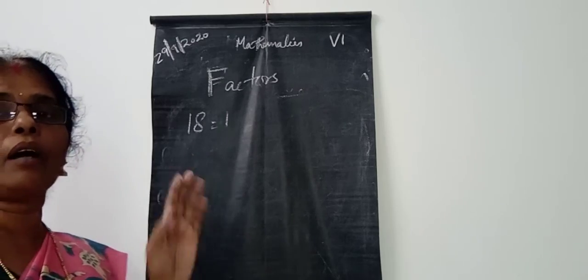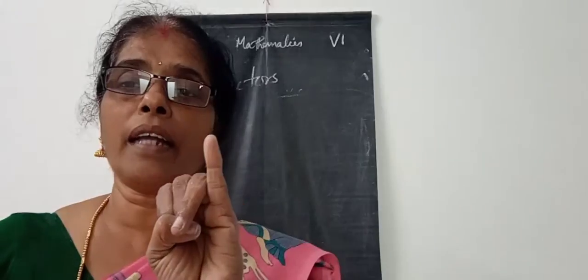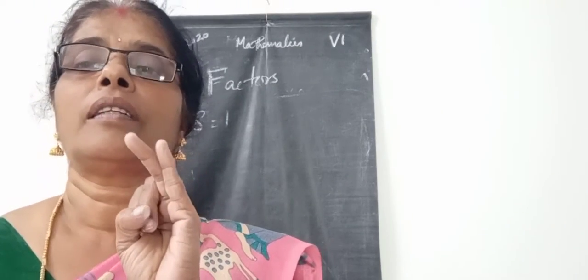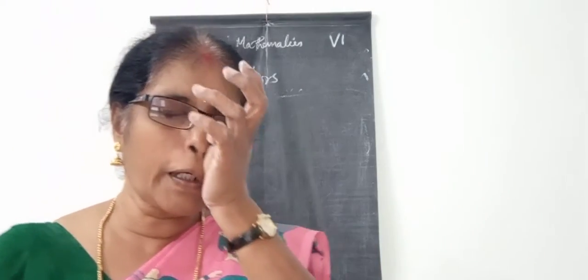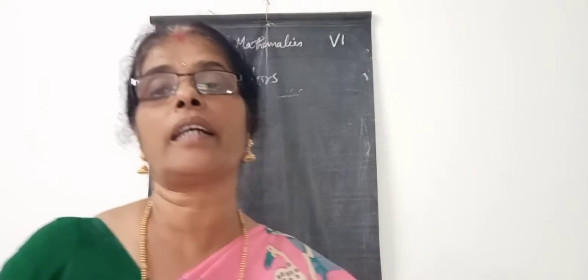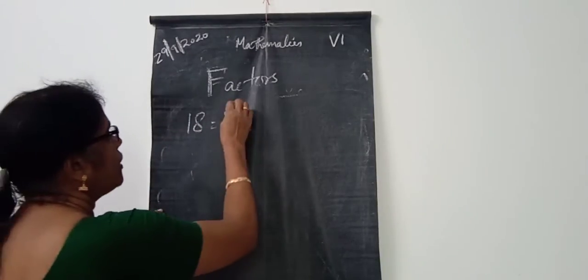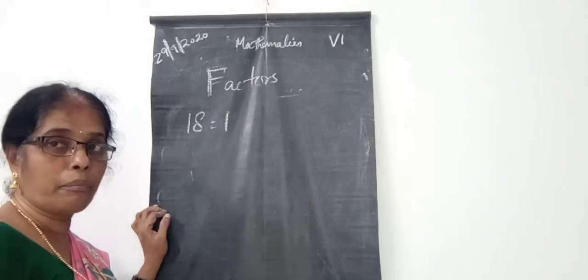Every number has two factors, that is 1 and that number itself. You already learned this in detail, you have studied it in higher classes. Okay, that is prime numbers. 1 and 18 are already the factors of that number, the number 1 and the number itself.